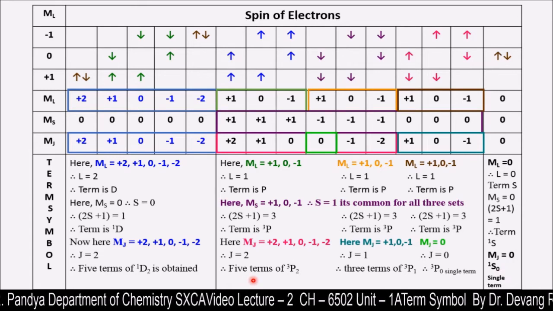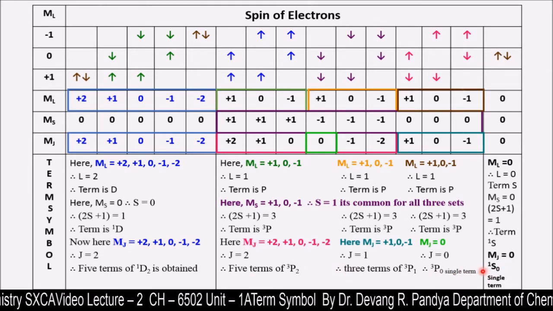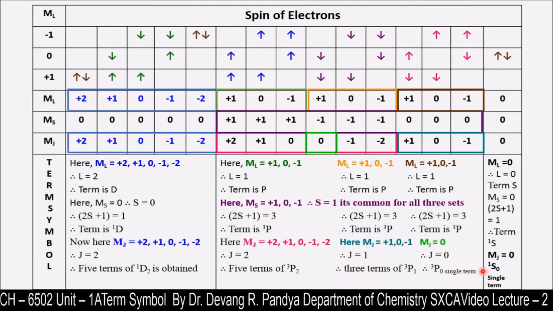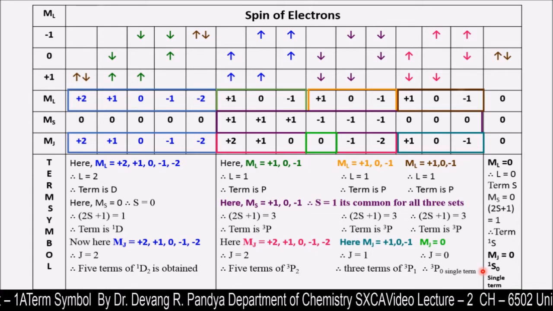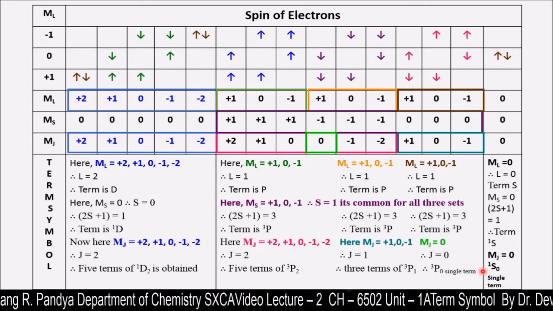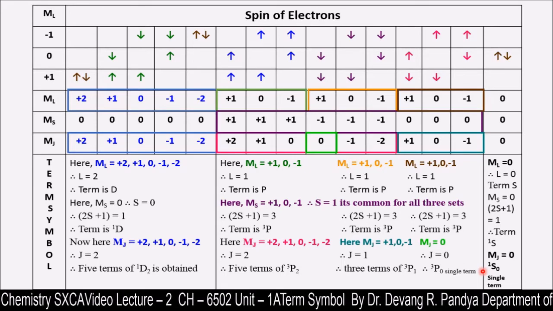So 5 plus 5, 10 plus 3, 13 plus 2, that is 15 microstates. 15 term symbols should be assigned in this way, and then by applying Hund's rule you can arrange these microstates into increasing order of energy.